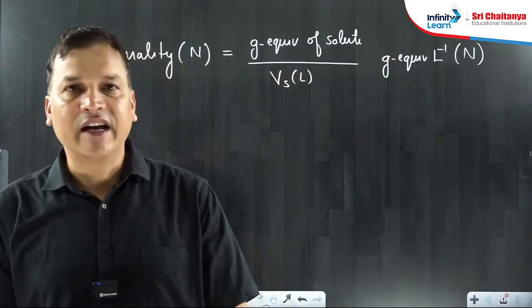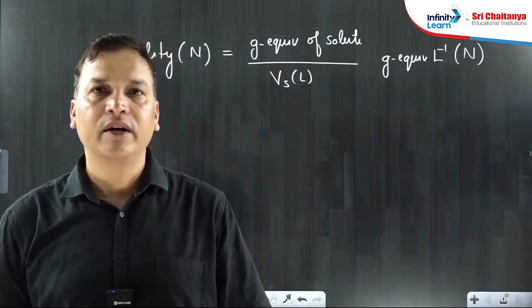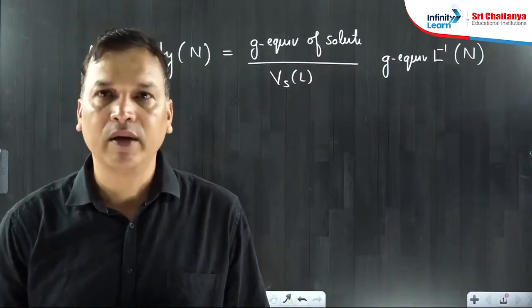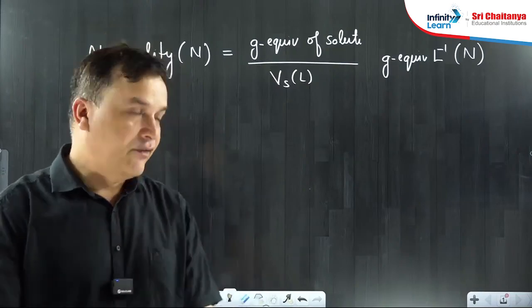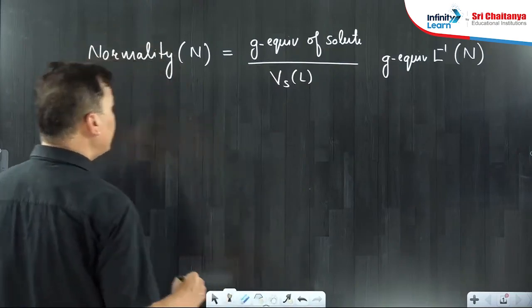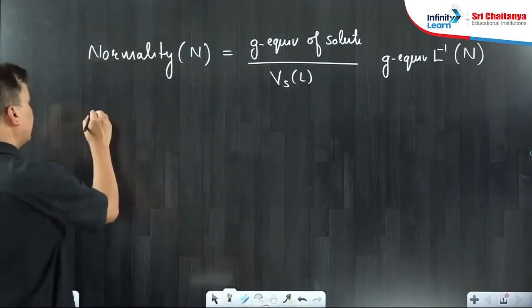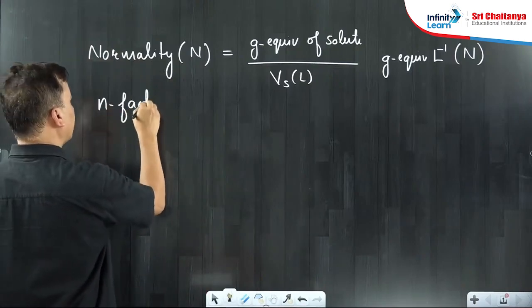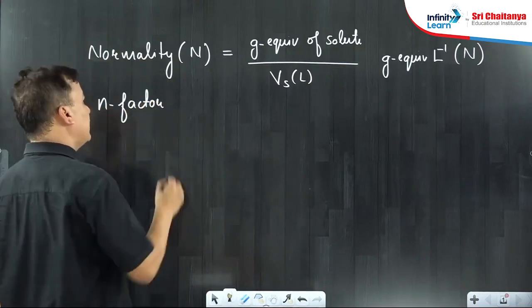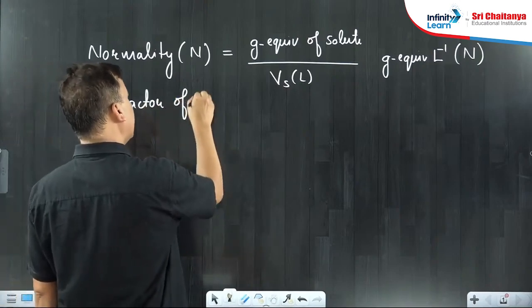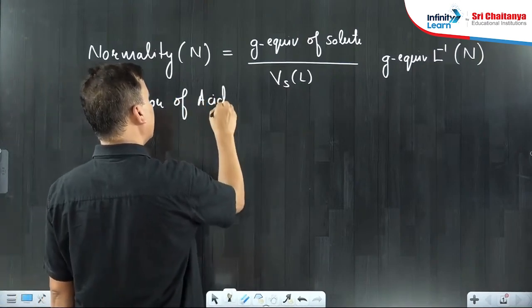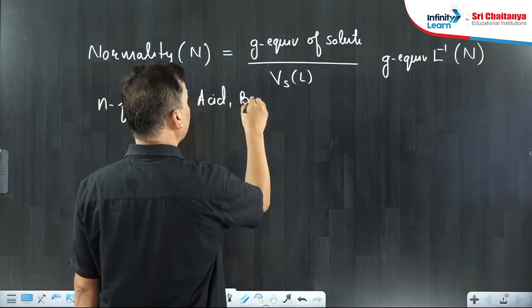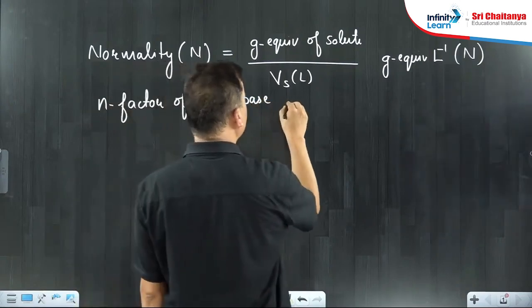Now in order to understand gram equivalent, first of all we have to know about the N factor. N factor of an acid, base and salt.